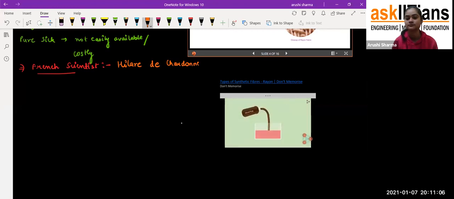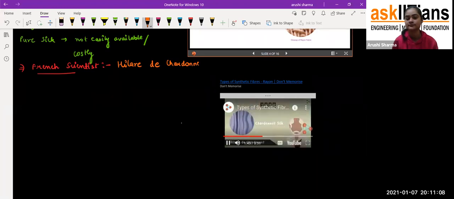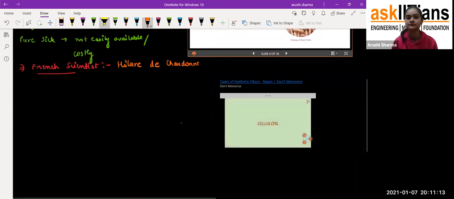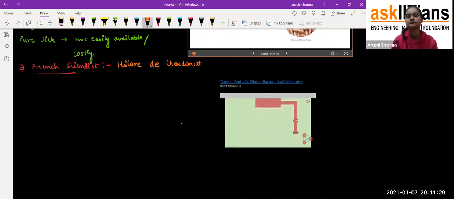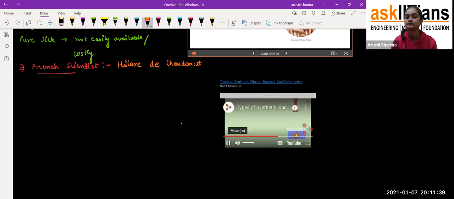This is converted into a soluble compound that is further pressed with force through an instrument having fine holes. What will be the result of this? Yes, thin fibers will be formed. These are further treated with chemicals, and at the end, rayon fibers are obtained.